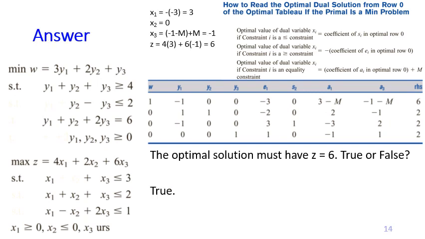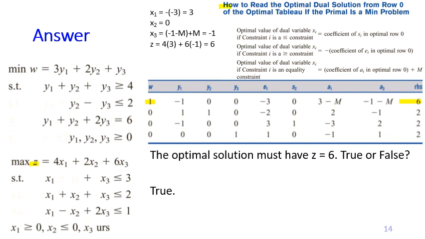The answer is true, because if we are already given the information that this is the optimal table where W equals 6, then Z must equal 6 as well. Then if we would like to really show the value of each variable and compute the Z, we may do it. So for the first dual variable, let's see the first primal constraint, minimization.